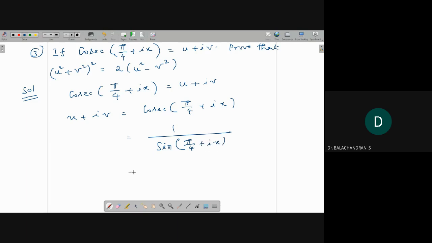Even if you find the real and imaginary part of cosecant of x plus iy, first you write 1 by sine of x plus iy and then multiply and divide by sine of x minus iy. Here it is the same procedure.